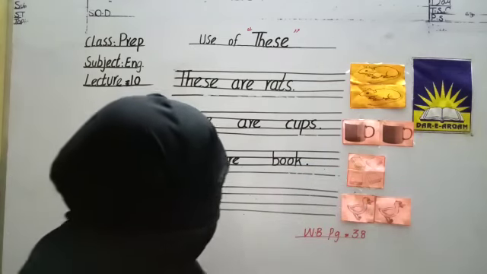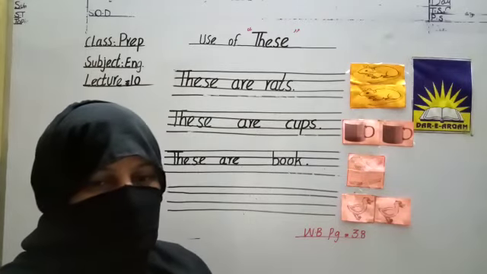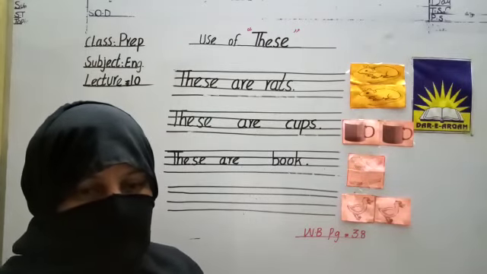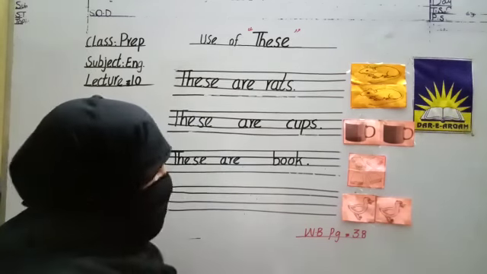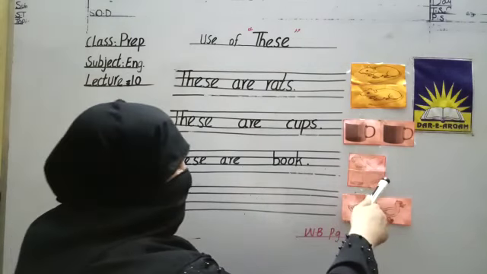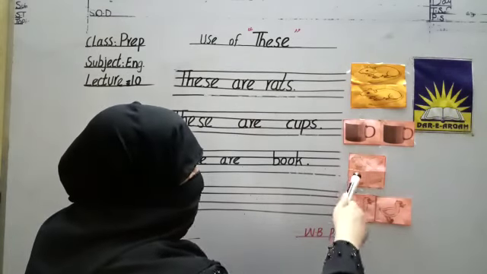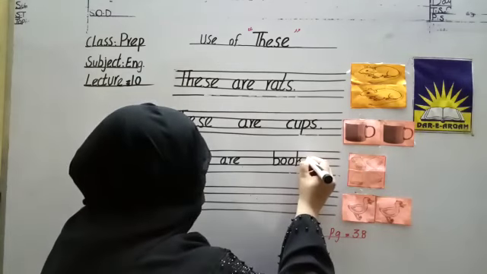Good. Students, now tell me where we use these. Yes, we use these for the objects. Is it right? Yes. How many books are there? 1, 2, 3, 4. So we write here only book? No, books. Yes, good.